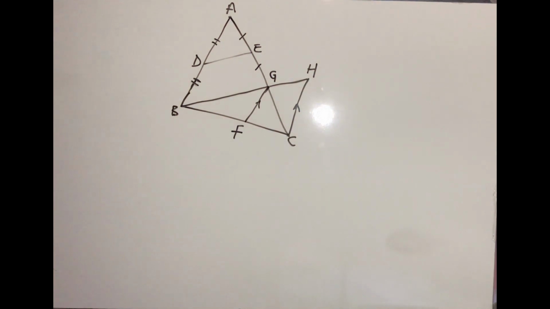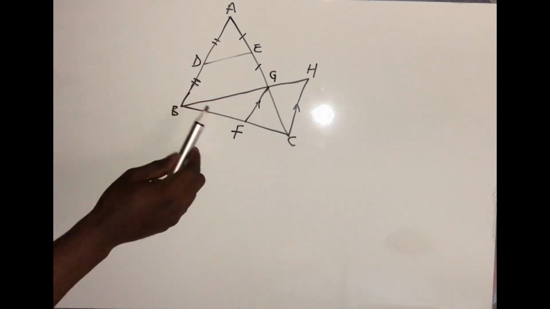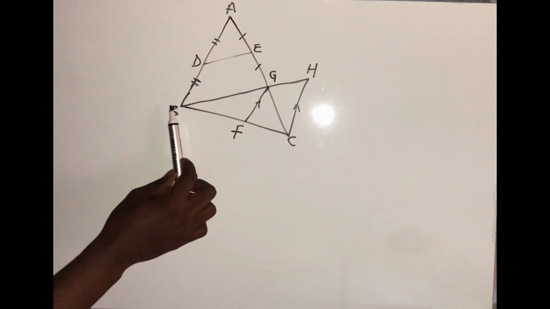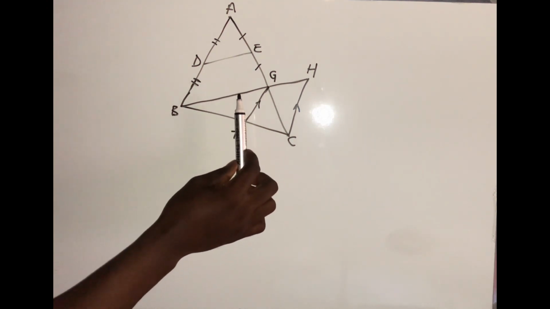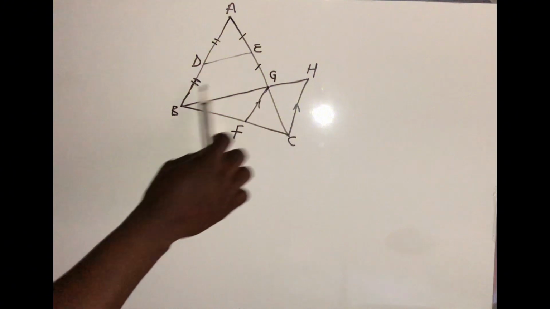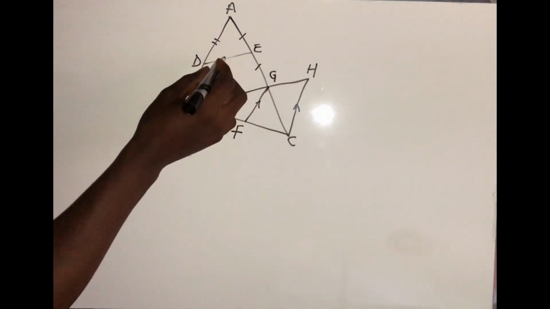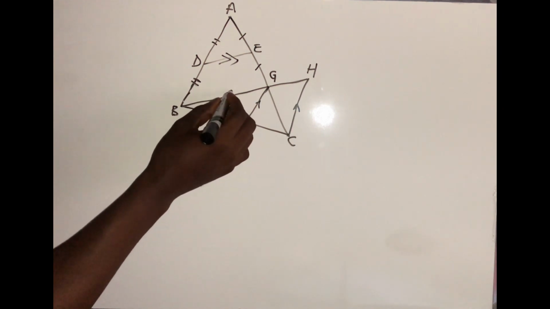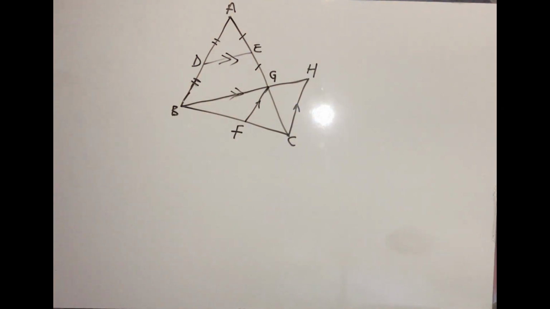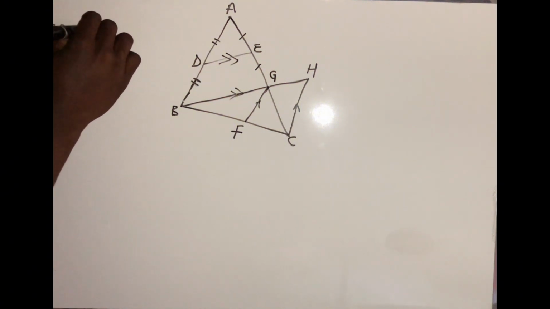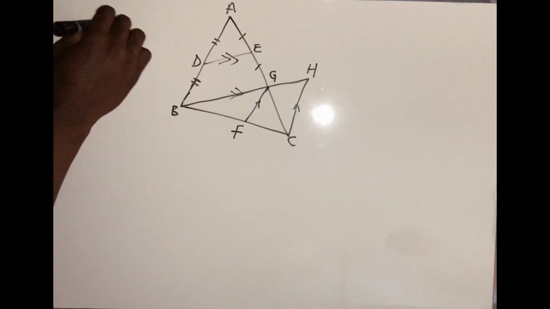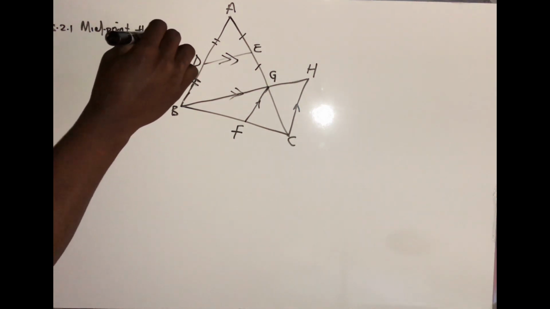And now they say give a reason why DE is parallel to BH. They want a reason why these two lines are parallel. So what's the reason? Our reason is 8.2.1, midpoint theorem.